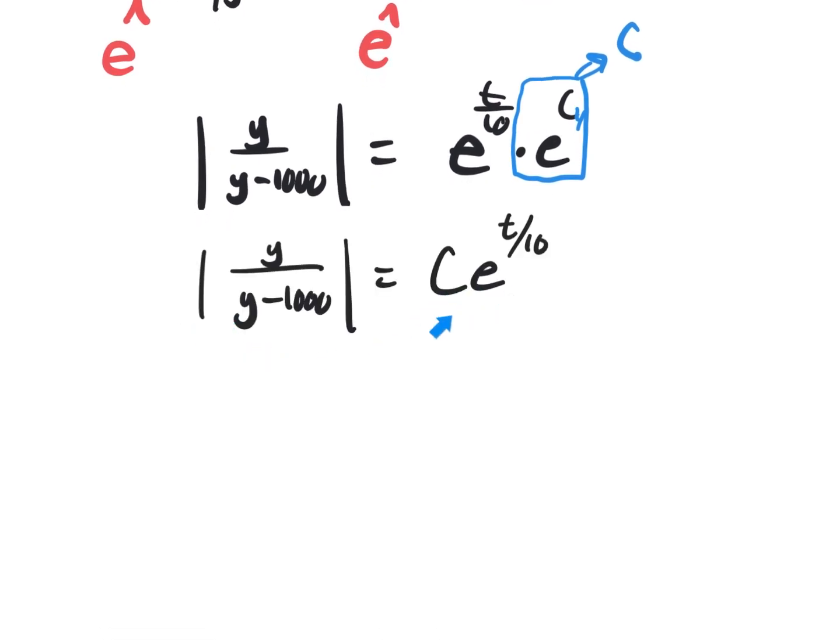Okay, so now we have this, and remember the absolute value means the distance from 0. So whatever this expression is, its distance from 0 is this value, which means it might be positive or it might be negative. We just know that its distance from 0 is this distance.